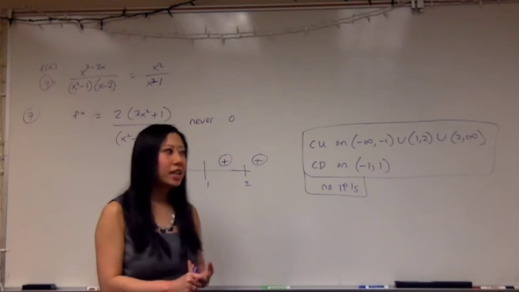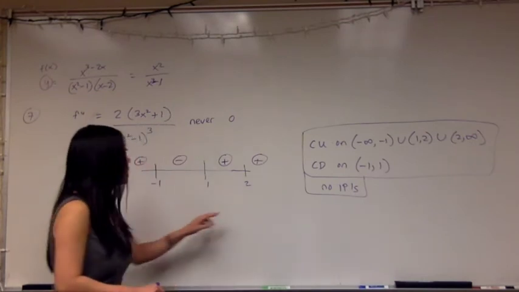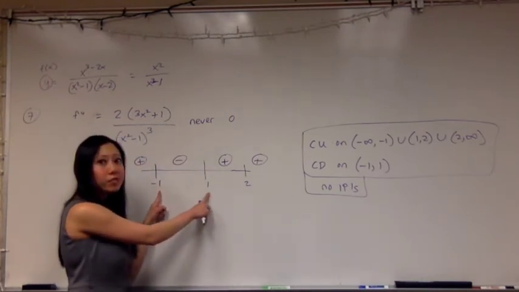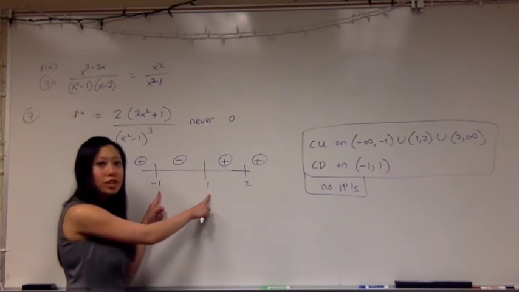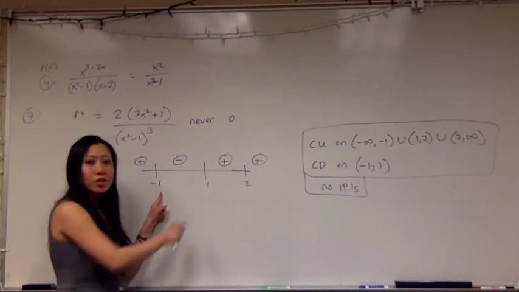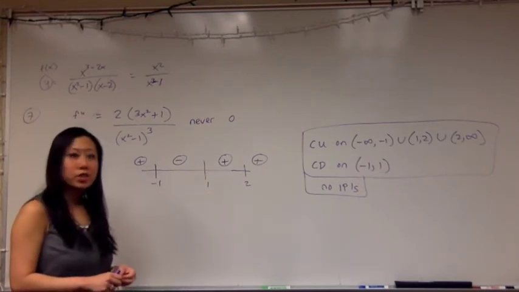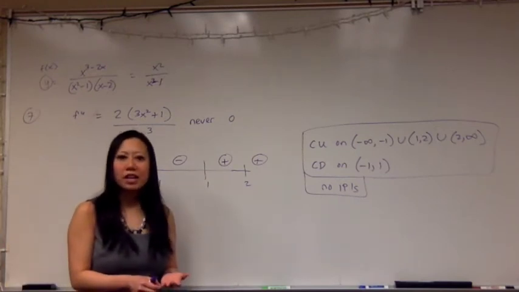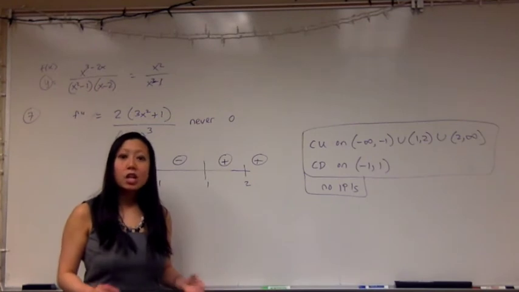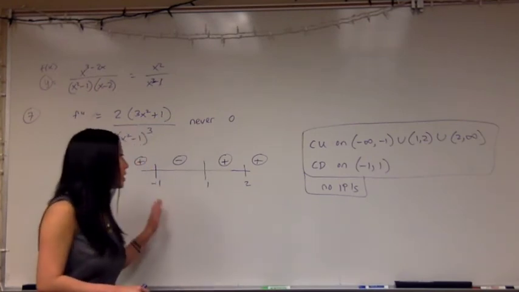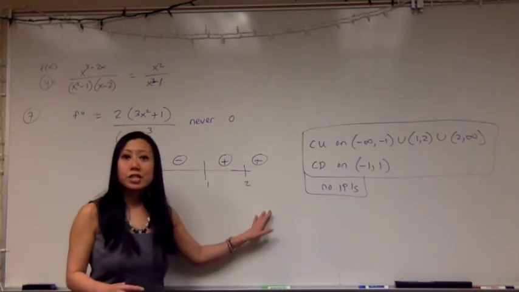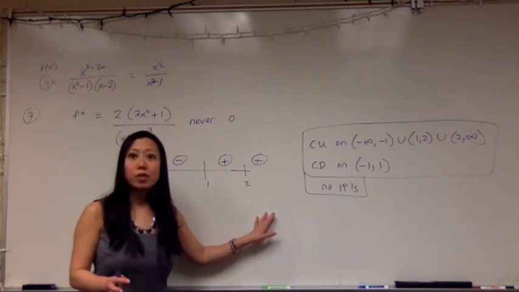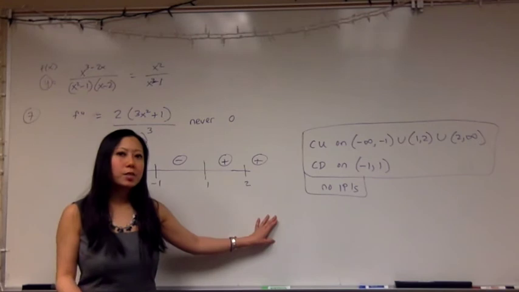And if I look at all three of these, okay, well, it looks like there could be inflection points here, but there's actually not, because these two x values are not in the domain of the original function. The function doesn't even exist there, so how could the function have an inflection point there if it doesn't even exist there? So you want to be careful when you do your inflection points and local max and min, because when you draw these, you have your discontinuities, but be careful, just because it changes sign, it doesn't mean that it's going to be an inflection point.